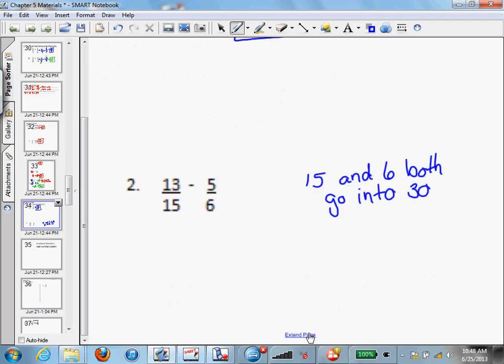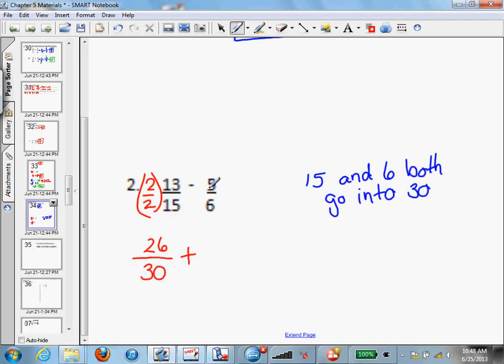Just use some multiplication and do some tinkering around, and you realize that both will go into 30. So if we do that, what form of one do we multiply 13 over 15 by to get the denominator to 30? Well, if you think about it, we have to multiply by 2 over 2. So 2 times 13 is 26 over 2 times 15, which is 30.